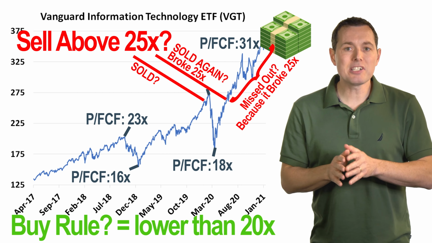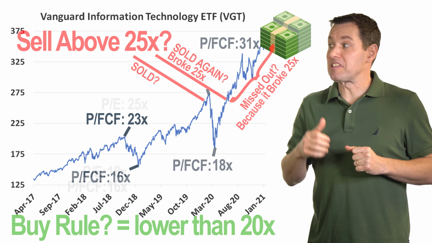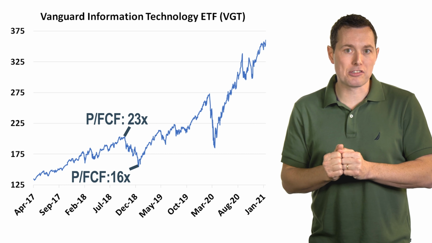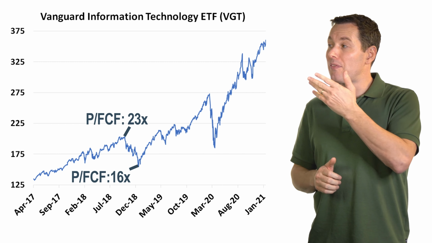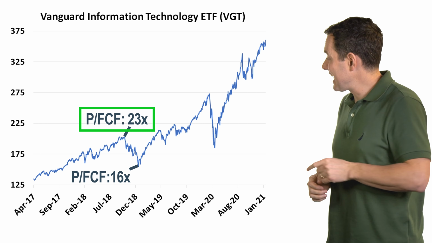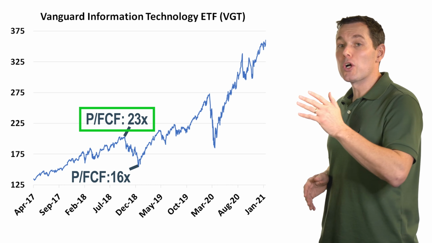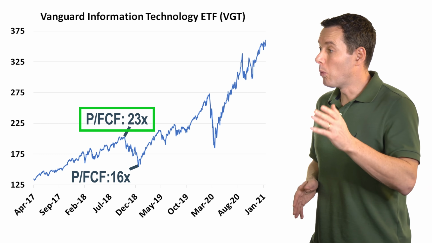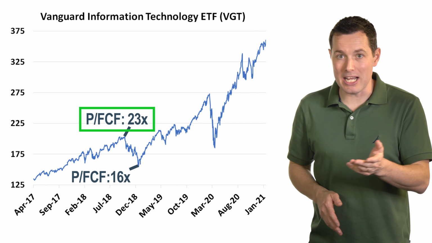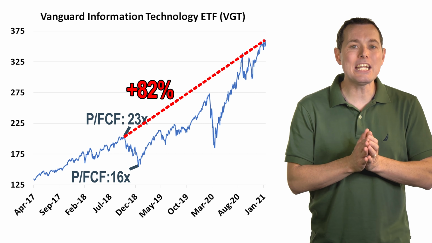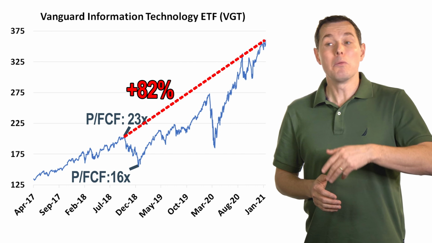Now, just to illustrate how much of a difference following internal rules could make, let's imagine we had bought this ETF back when it was trading here at 23x. So we decide that we're going to hold it. We're still holding it to today. Well, if we had bought at that point, 23x, we're up about 82% today, which is pretty good.